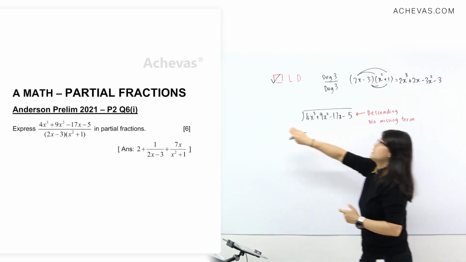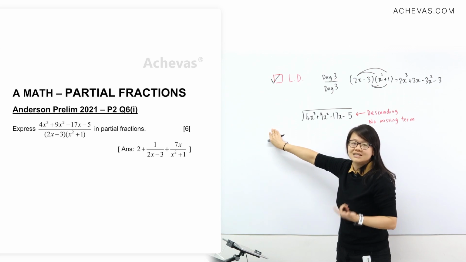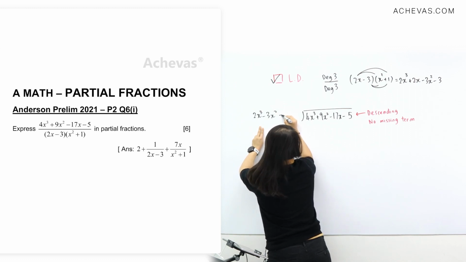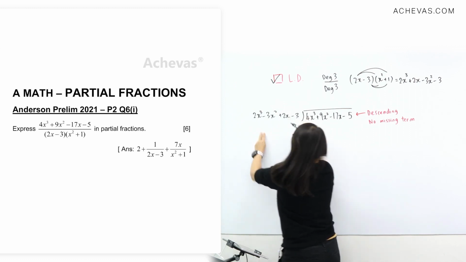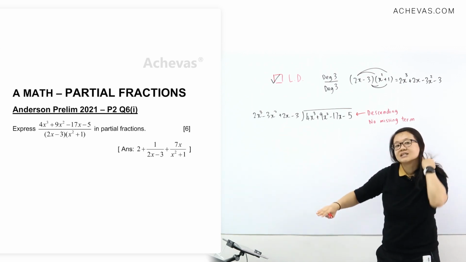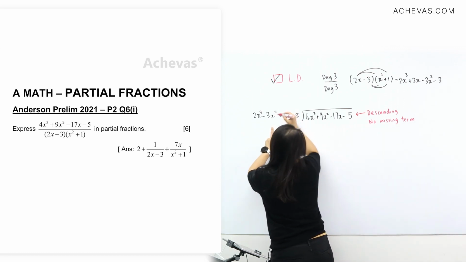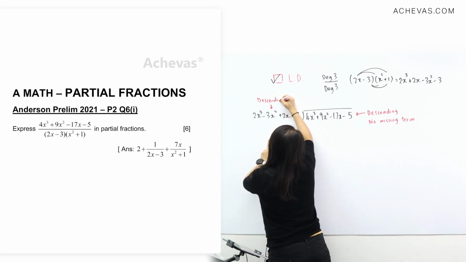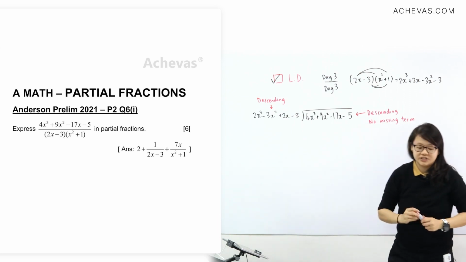When I put a divisor over here, I also want to arrange it in descending order so that it's nicer for me to do long division later. So I'm going to rewrite this in descending order. Now, if you have a missing term over here, then it doesn't matter. For here, I purely want to make sure it's in descending order for the power of x.